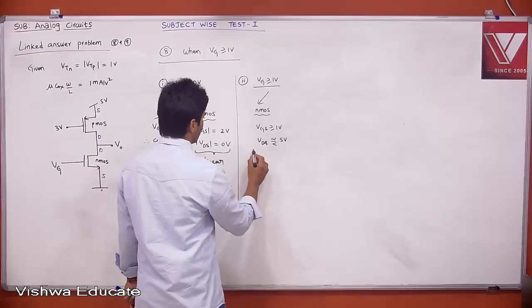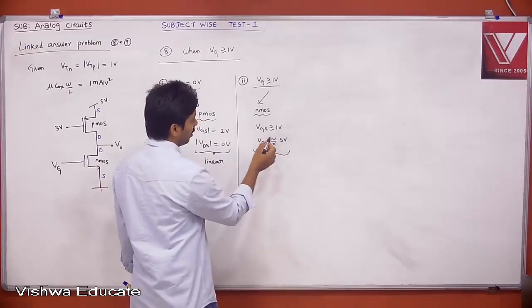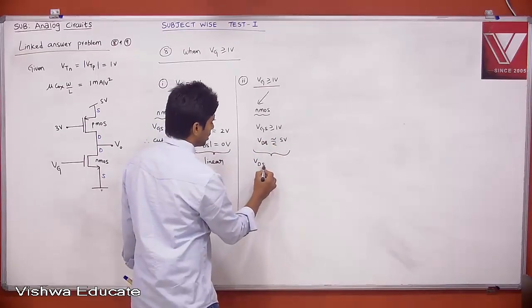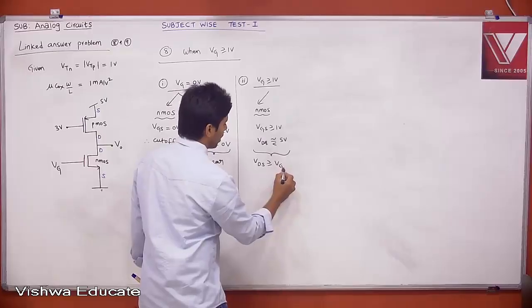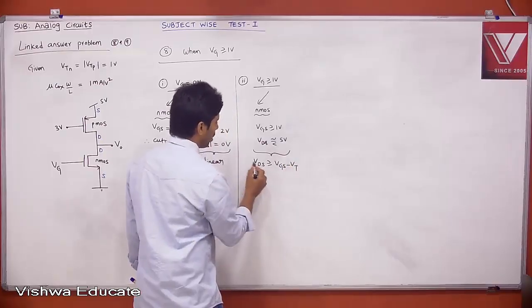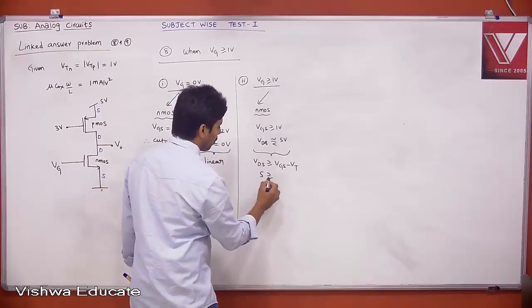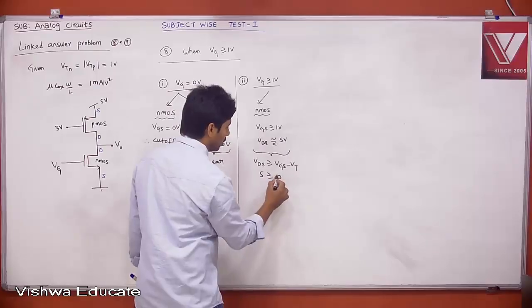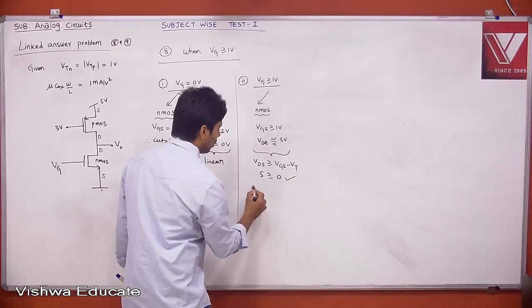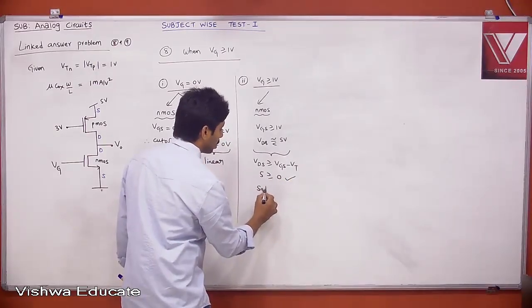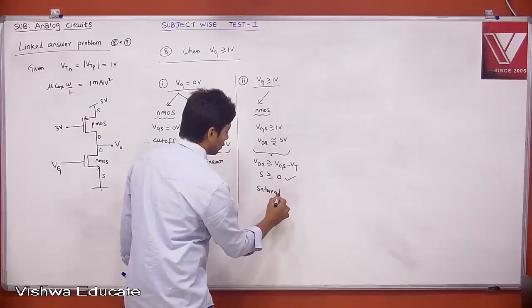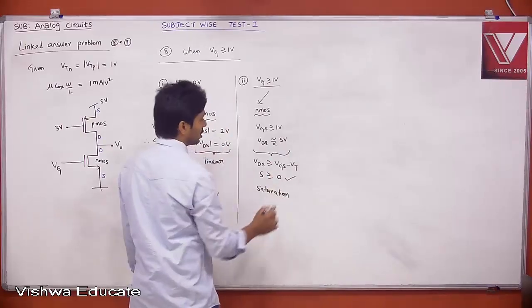If VDS is greater than or equal to VGS minus VT, what is VDS? Close to 5. What is VGS? Close to 1. Is this true? Yes. Therefore, NMOS is in saturation.